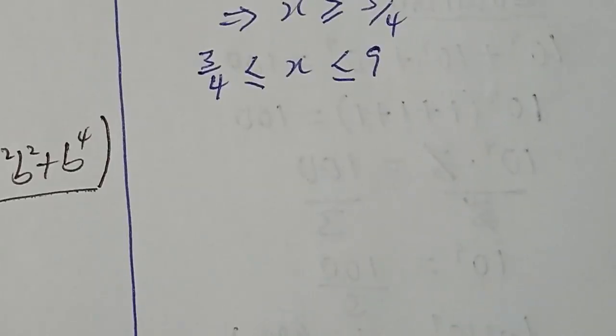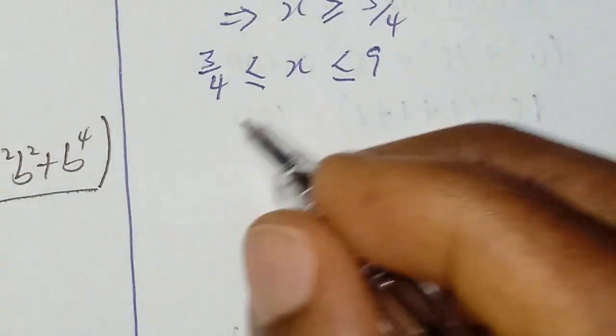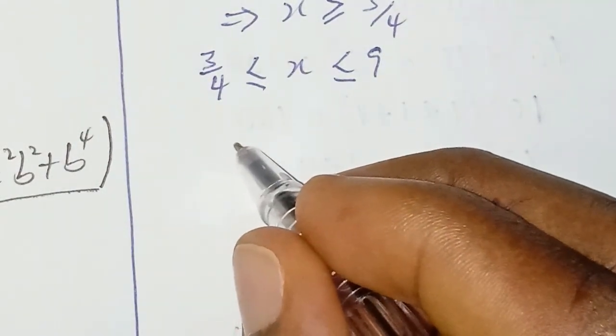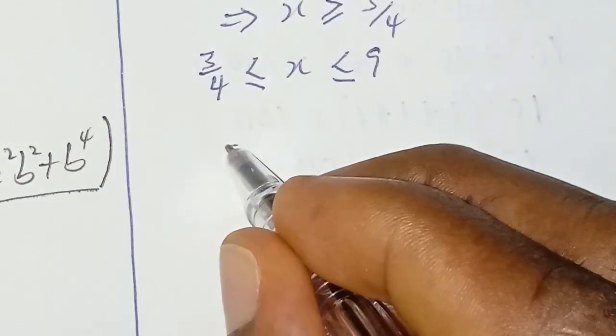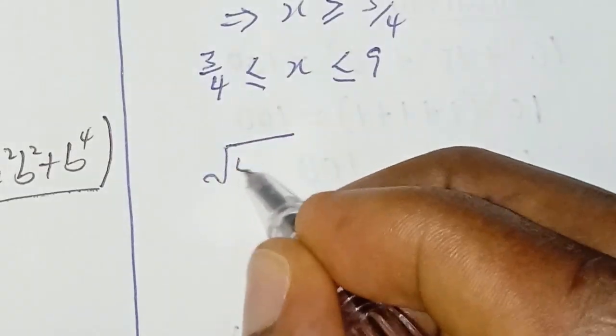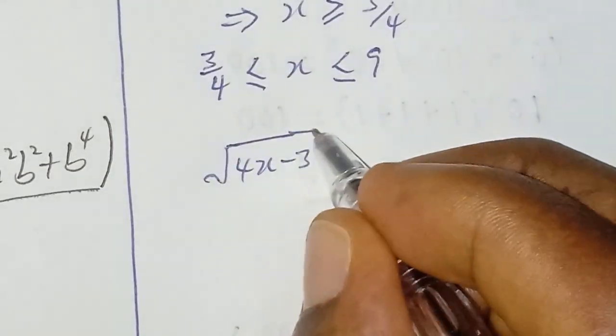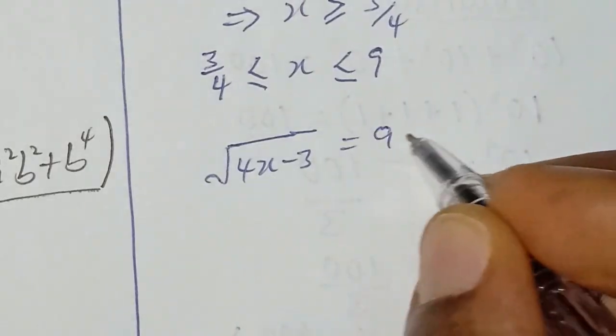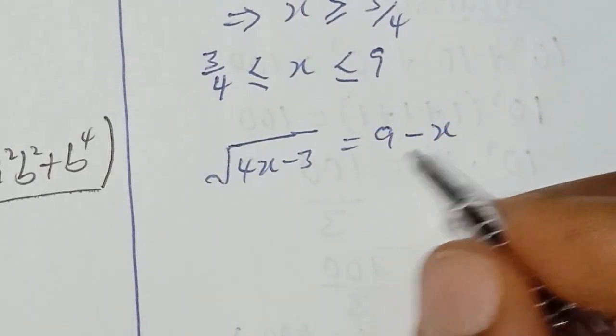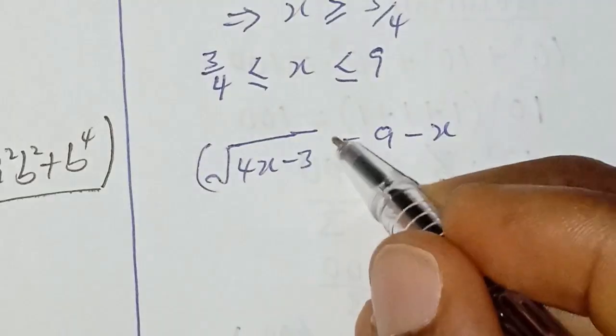So now let's go back to our solution. Where we have our expression square root of 4x minus 3 equal to 9 minus x. So we square both sides.